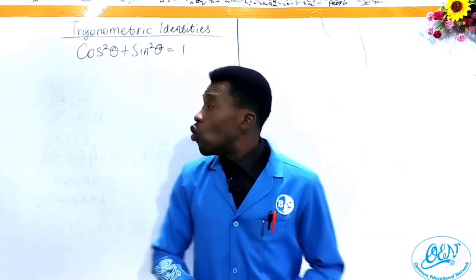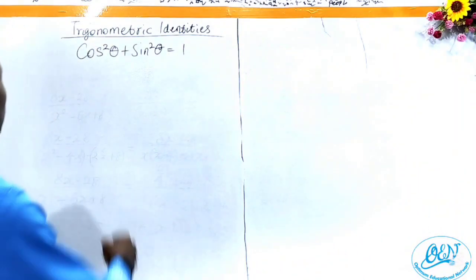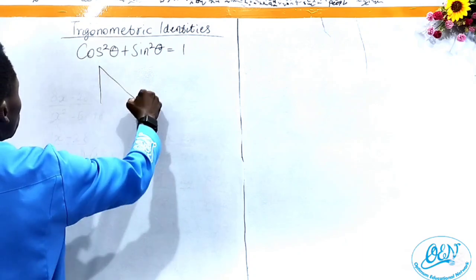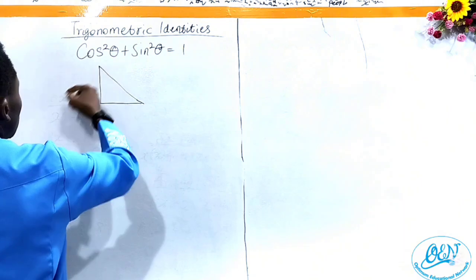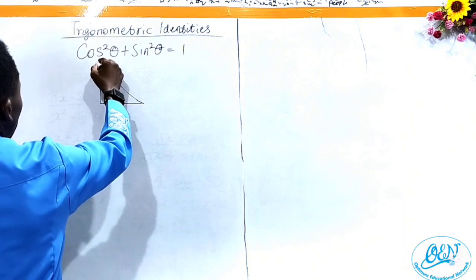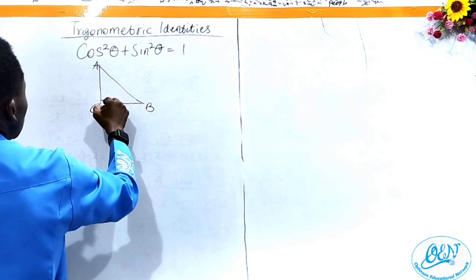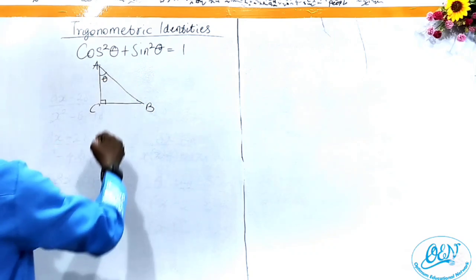Welcome again. So, to obtain this identity, we'll have a right angle triangle like this. The vertices, let's say A, B, C. So, we can use this as our reference angle, theta.